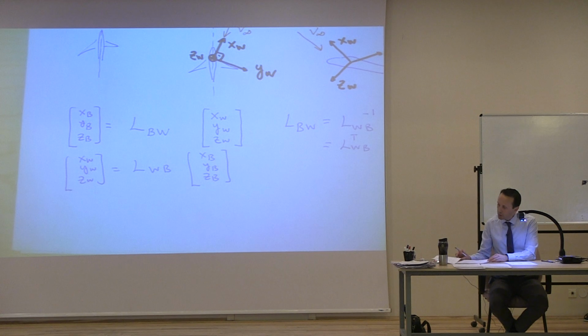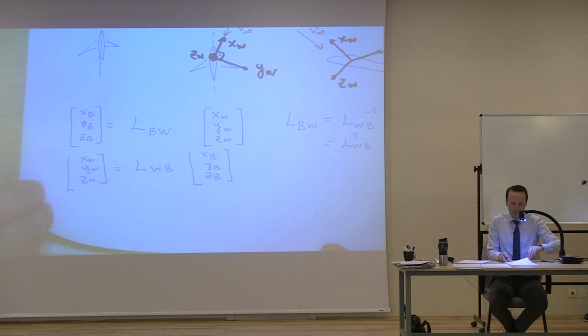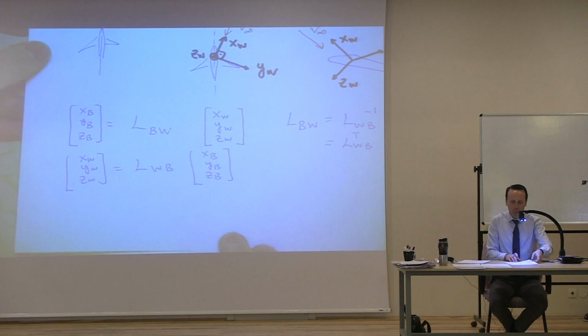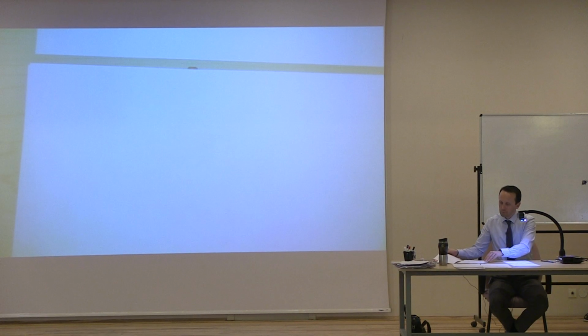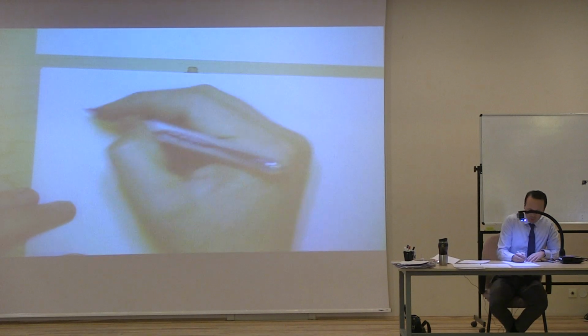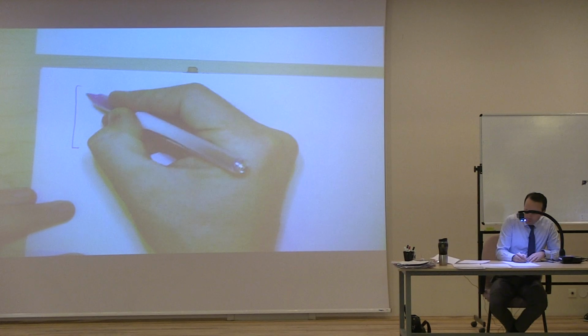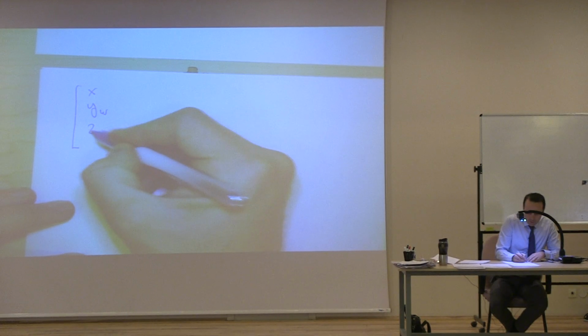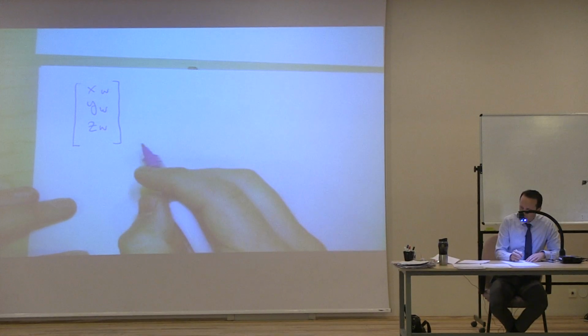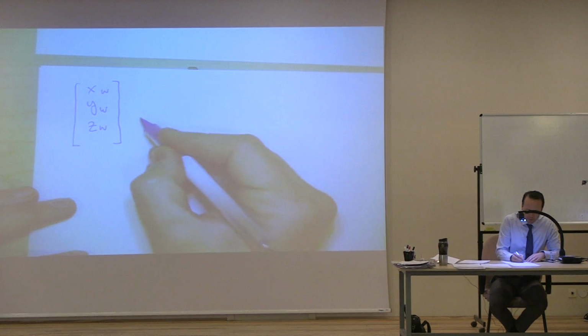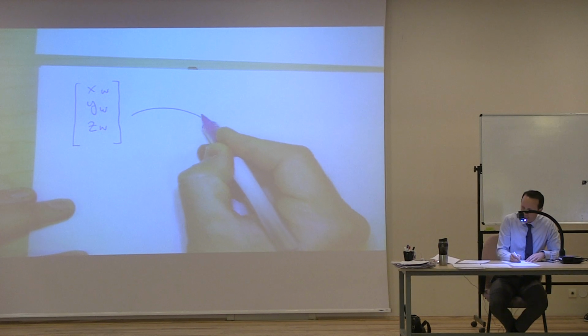Okay, so where do we start? This is how we start. We are going to make transformations like we did before. We are going to make three transformations. We are first going to transform around the z-axis.